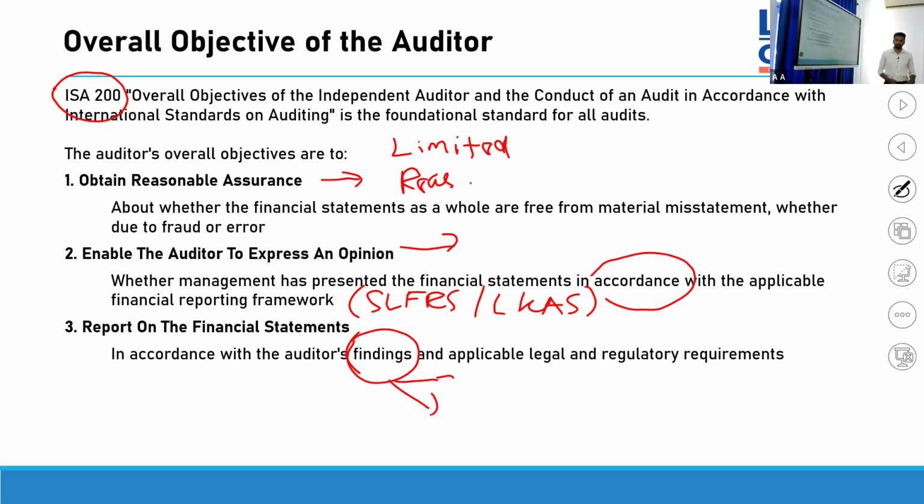Such things we must communicate to the management as well as those charged with governance. So these are the overall objectives of an auditor, right? Is that clear?